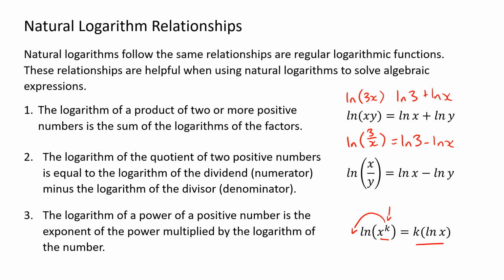So k times ln of x. If we use our same example here, ln of 3 to the exponent x is equal to x times ln 3. So you can see that by using the ln function, you now have x in a position where you can solve for it if you had it in an equation. It's a very important relationship to understand.